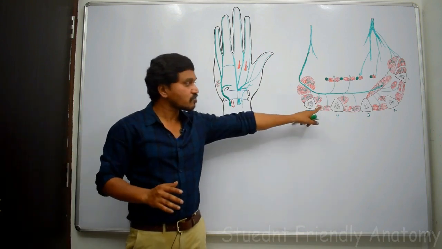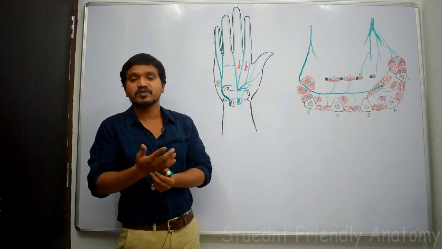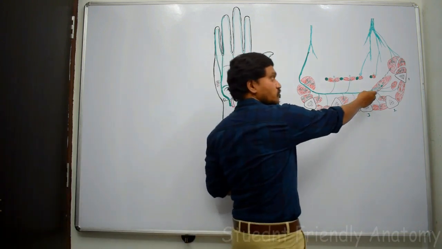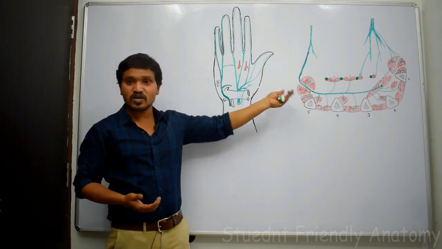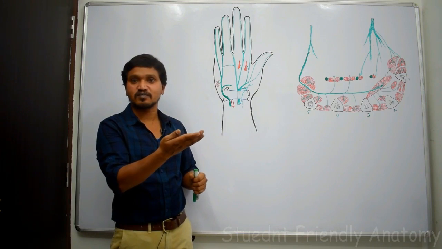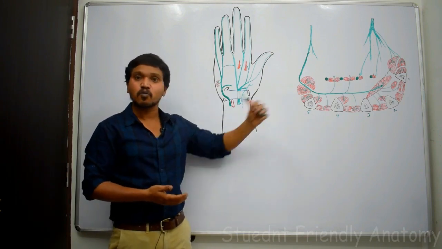Then, the adductor pollicis is also supplied by the ulnar nerve, so it will also be paralyzed. There is no proper adduction because the adductor pollicis is paralyzed. These are the motor symptoms.